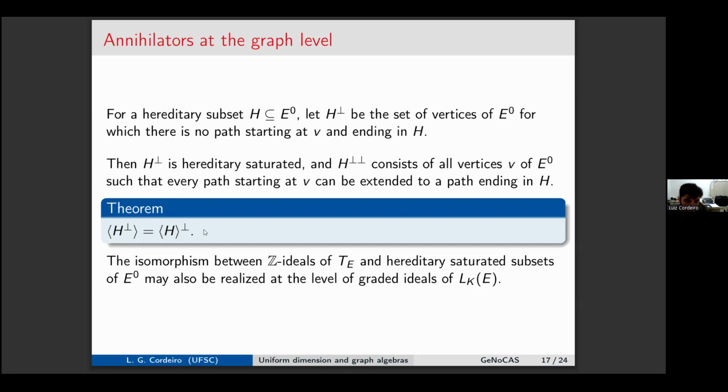And our first theorem in that regard is that the perp of a hereditary saturated subset of E0 corresponds precisely to the annihilator of the ideal induced by that hereditary saturated subset.